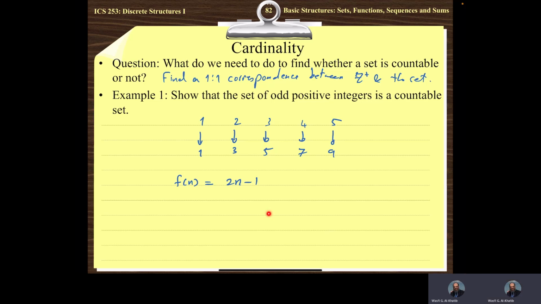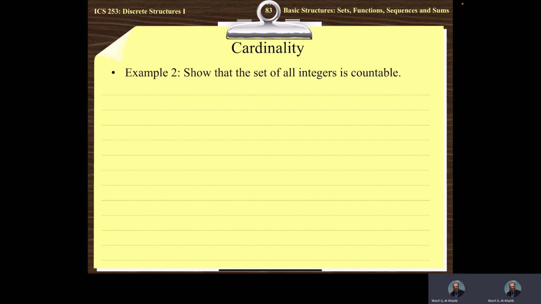Is that clear? Okay, not only that, show that the set of all integers is countable. So now, what I need to do is find a one-to-one correspondence from the set of positive integers 1, 2, 3, 4, 5, 6 to all integers.